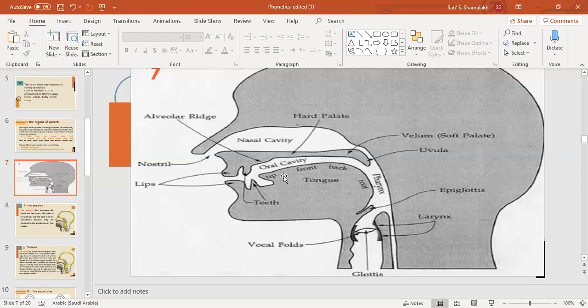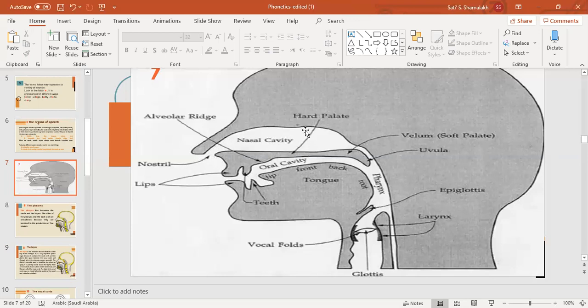Okay? Then go up to the other white cavity, nasal cavity. Can you see? The white cavity, not shaded. Nasal cavity. Okay? Look to the right. Nostril, as you see, فتحة الأنف.